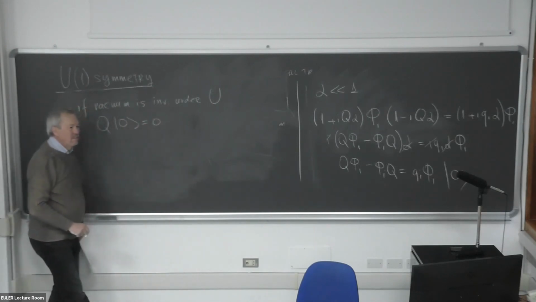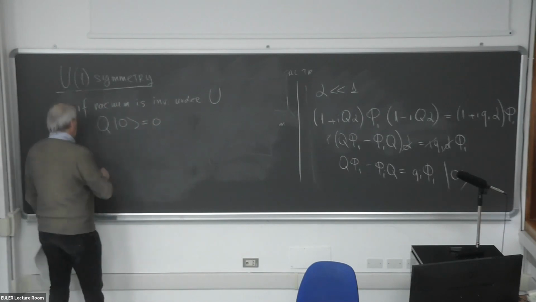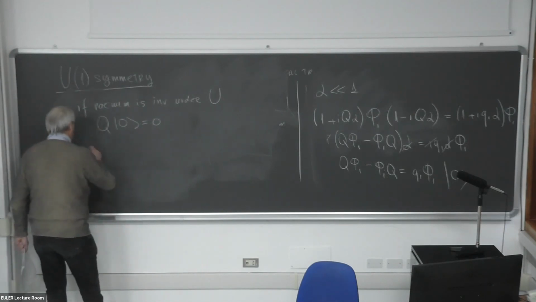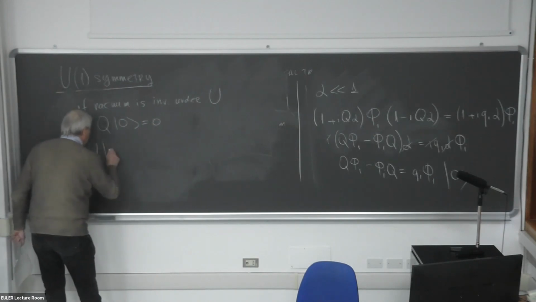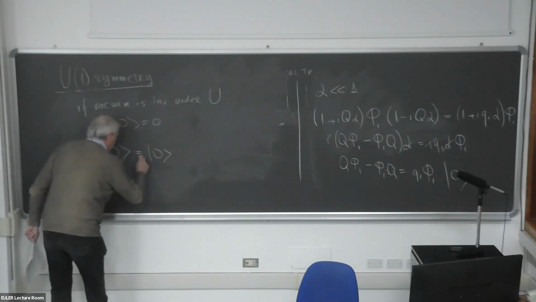So the vacuum vanishes. So how can I get this? Let me take it again. The symmetry of the state is expressed in the following way. Right, so this is the symmetry.